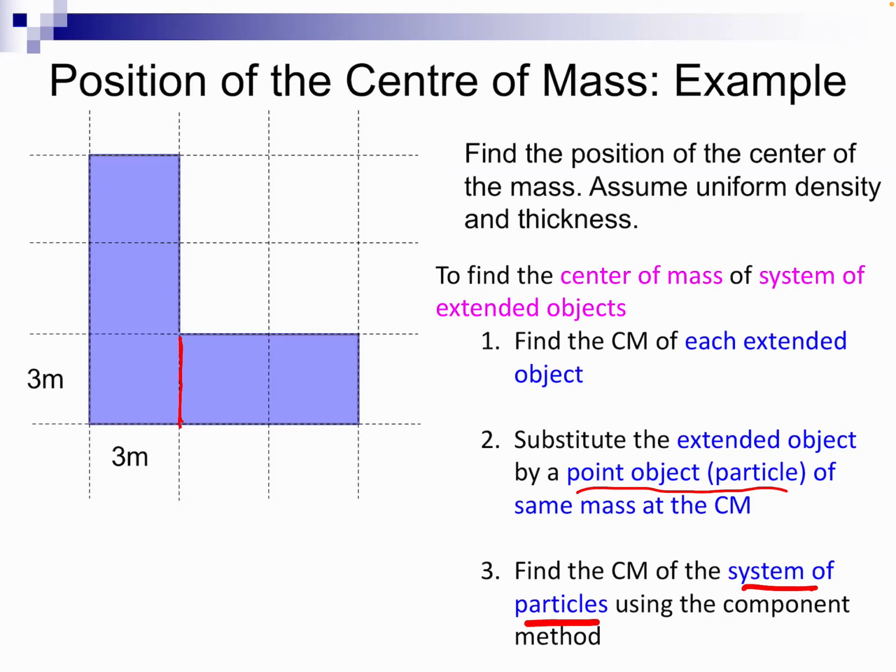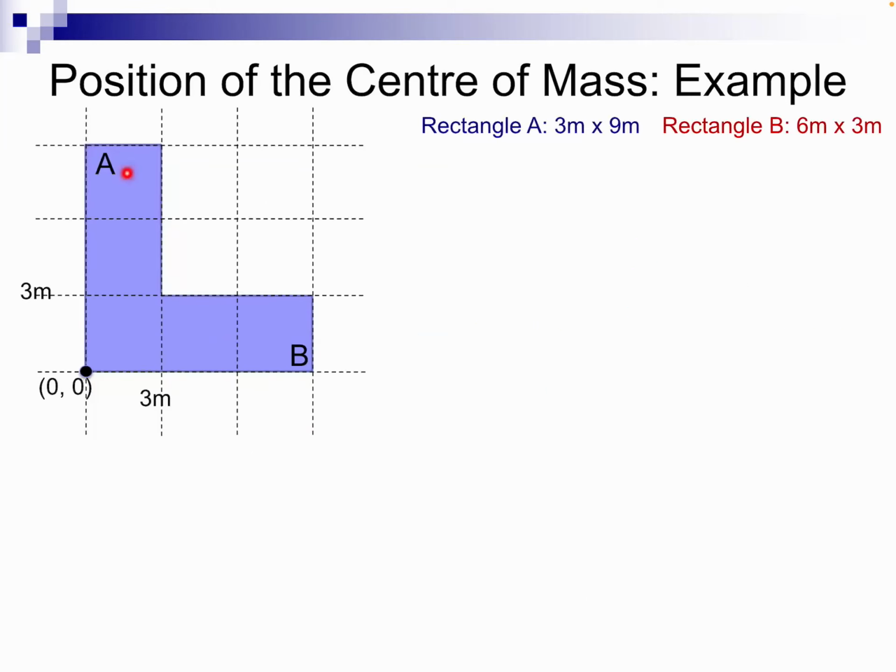Right, so let's try to do this. Let's divide this thing into this rectangle and another rectangle along the horizontal. You can, of course, divide it this way, but let's just do this division. So rectangle A is 3 meters by 9 meters and rectangle B is 6 meters by 3 meters.